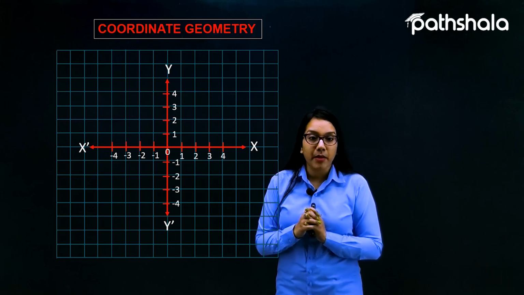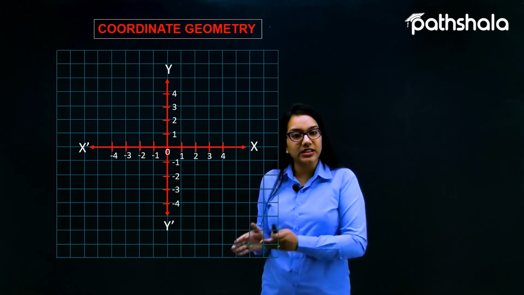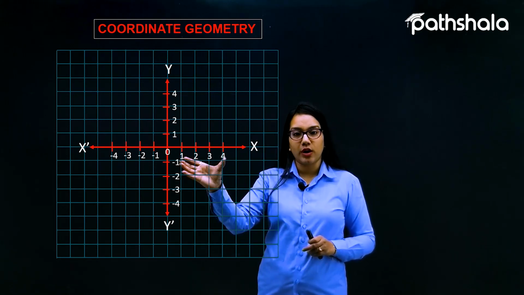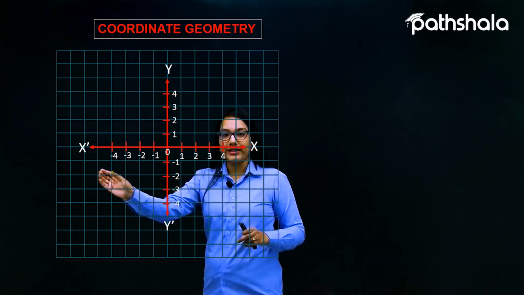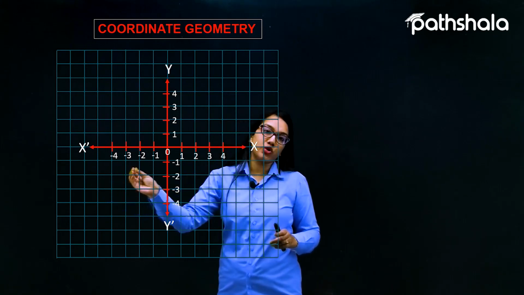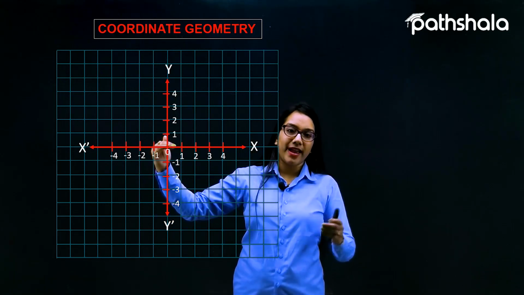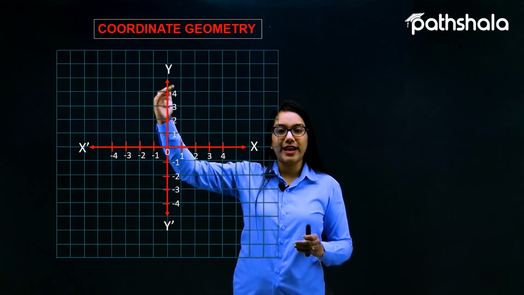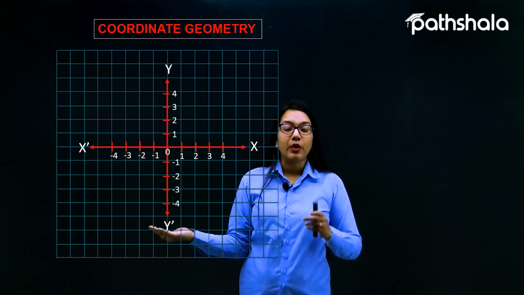The numbers on the positive side we call x, and we call it x dash where the numbers are negative. Similarly, the numbers on the y-axis on the positive side, 1, 2, 3, 4, we call y, and similarly we call this section y dash.